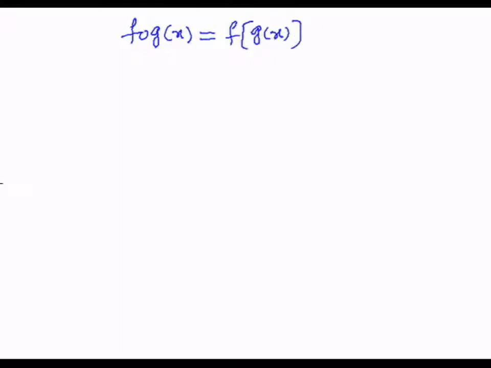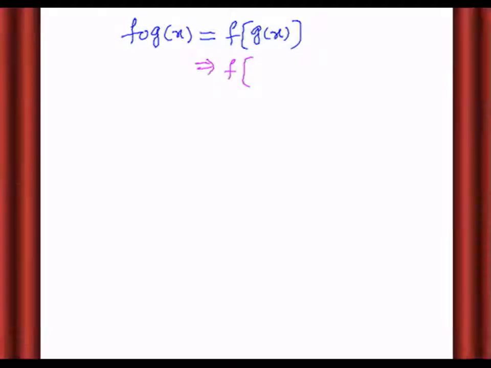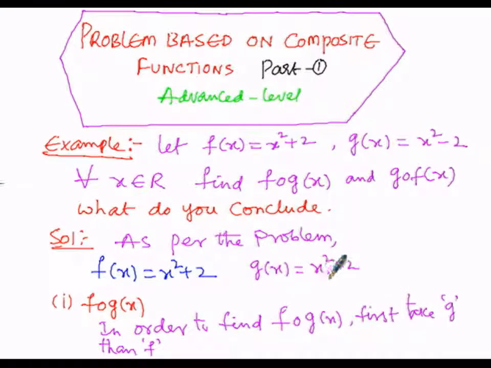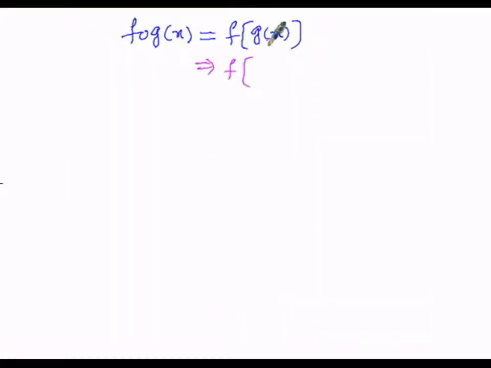Here g of x is given by x square minus 2, so we can replace this g of x by x square minus 2. But f of x is given by x square plus 2, that is a given function, so in that given function we have to substitute. So f of x square minus 2.